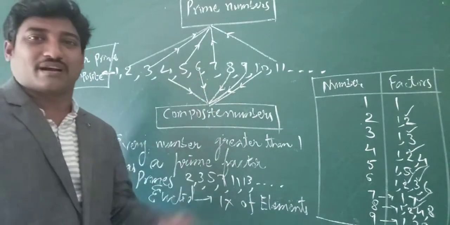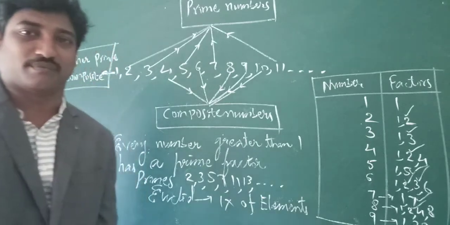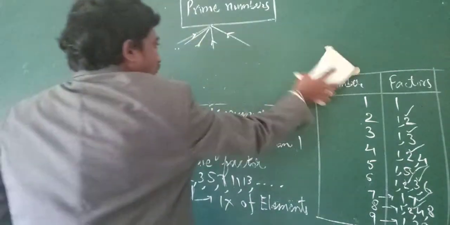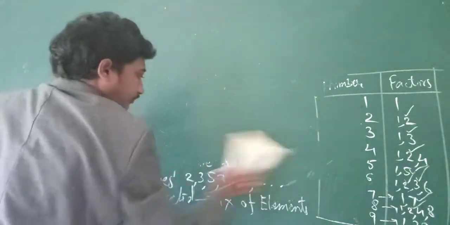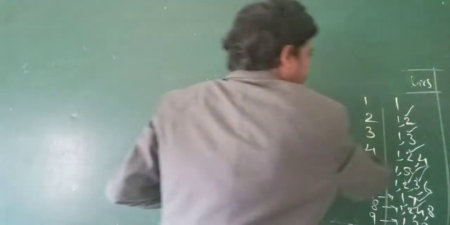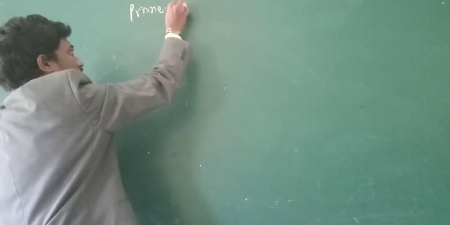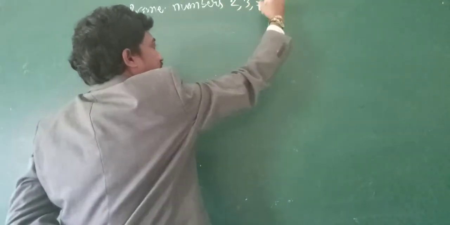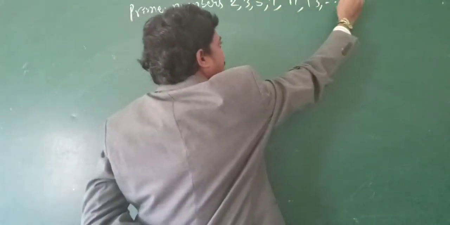We can come to know this by simple observation. We have prime numbers 2, 3, 5, 7, 11, 13, 17 and so on.